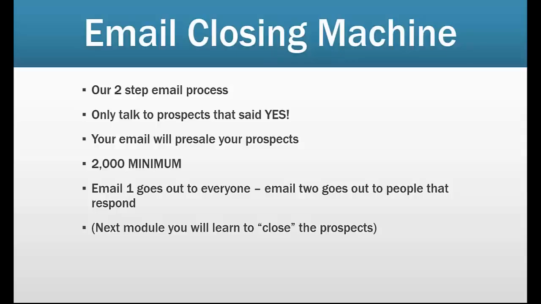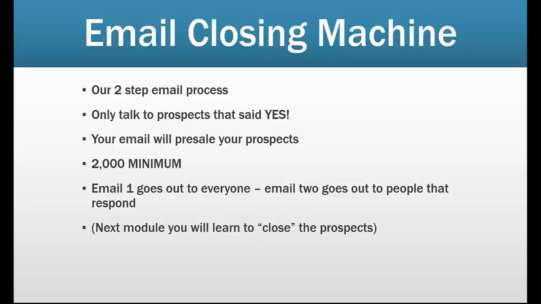Whether it's SEO services, website design, marketing services, email marketing services, whatever niche you choose, the email process filters it all down, so you only have those people who are absolutely looking for your services and ready to say yes.